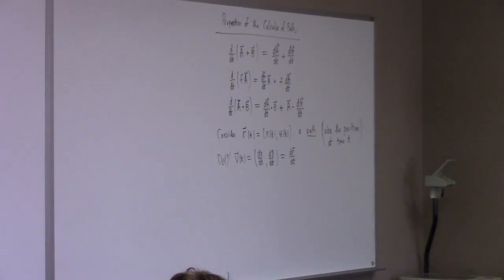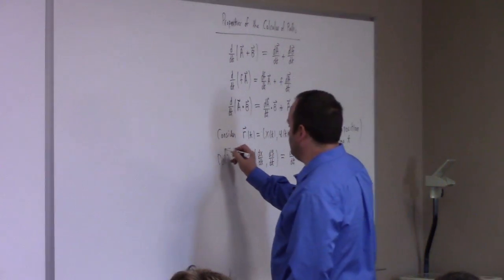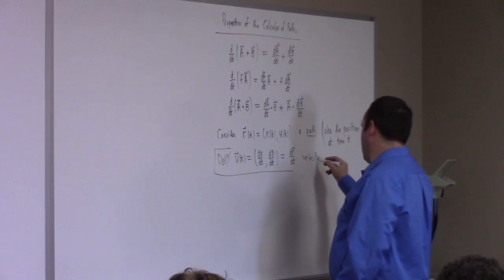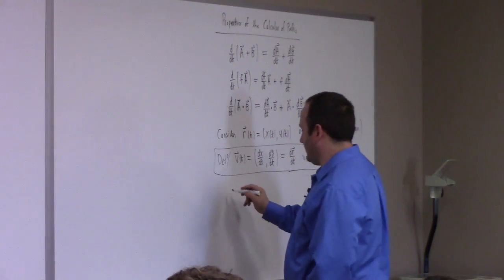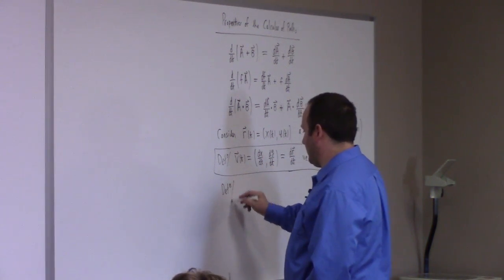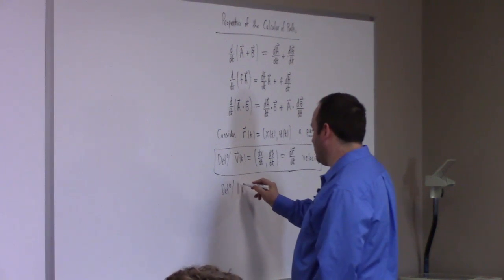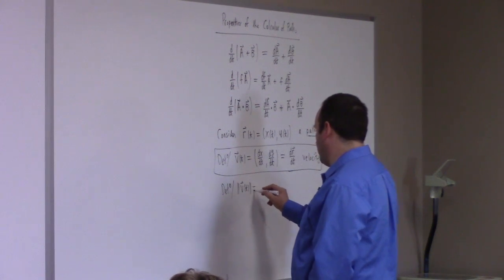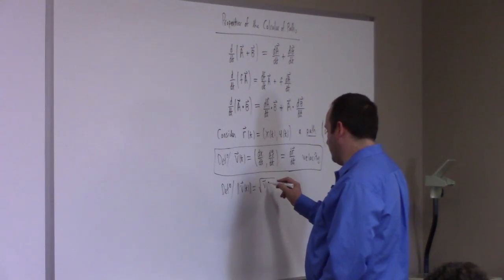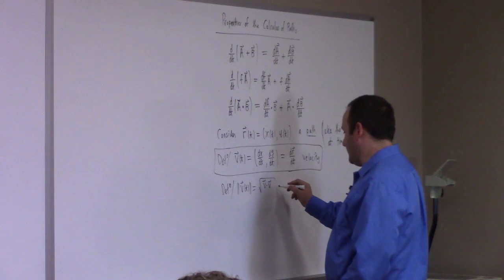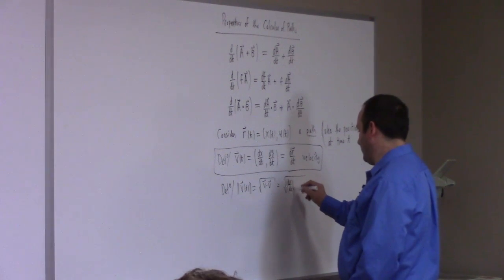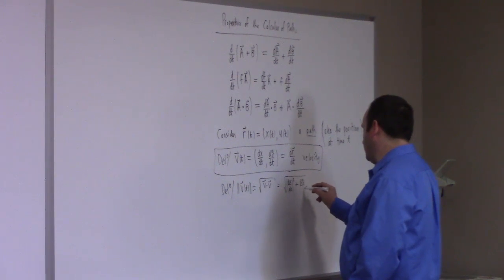Anyway, that's the velocity. What's the magnitude of the velocity? I'll give it its own definition. The magnitude of the velocity, in other words, the square root of v dot v, which you could write as the square root of (dx/dt) squared plus (dy/dt) squared, right?